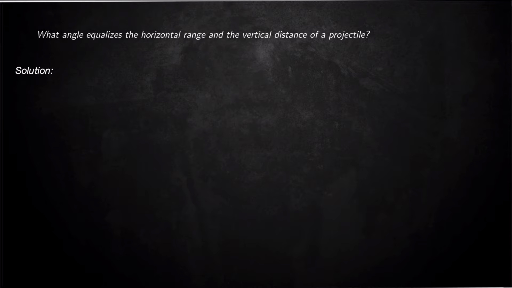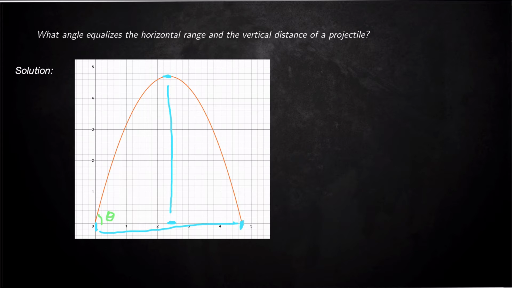And then this one question came up. This one question was, what angle equalizes the horizontal range and the vertical distance that the projectile will travel? And that was an interesting question.